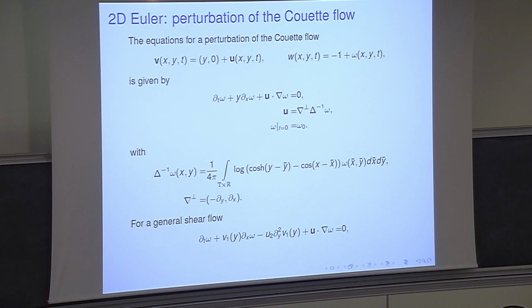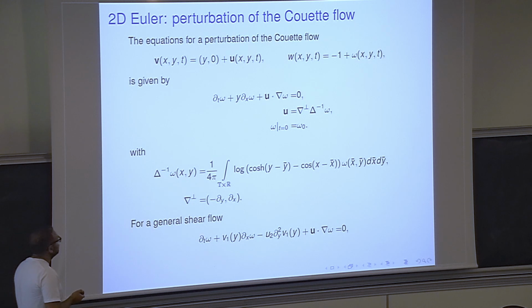Okay, let me start with the Couette flow. We are interested in finding traveling wave solutions close to this shear flow, and then I'm going to write the velocity v as the velocity for the Couette flow plus a perturbation u that you can think of as something small. Then the full vorticity w is given by -1 plus the perturbation omega that is also small.